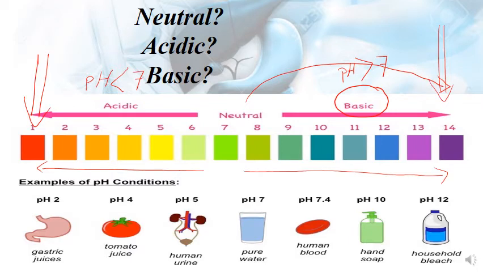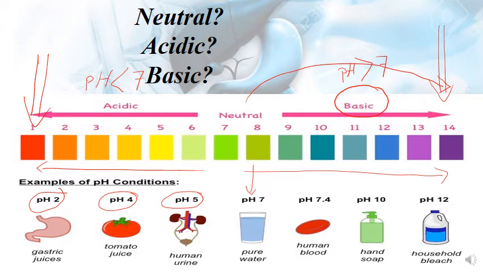For example, the gastric juice in the stomach has a pH equal to 2. Tomato juice has a pH equal to 4. It's also acidic. Human urine has a pH equal to 5, so it's also acidic. While pure water, the water that we drink, is neutral, with a pH equal to 7. 7.4 is human blood. It starts to move away from neutral toward the base.